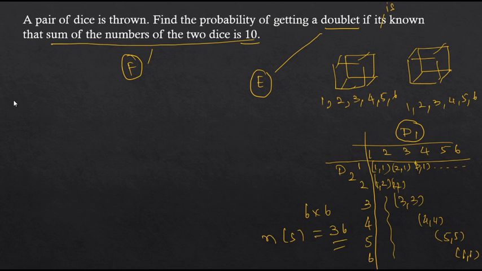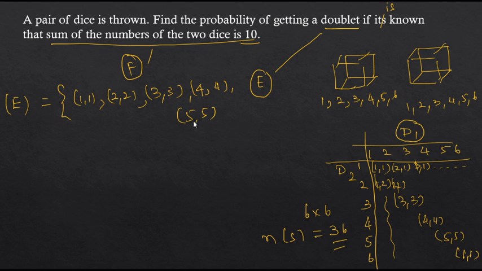Now let us consider E, the probability of getting doublets. Let us arrive at the set: 1, 1, that is the diagonal one or doublet, where the same number is repeated. 2, 2, 3, 3, 4, 4, 5, 5, and 6, 6.